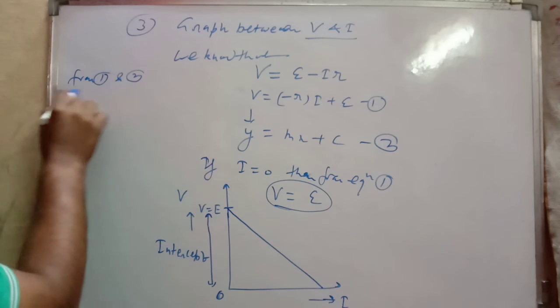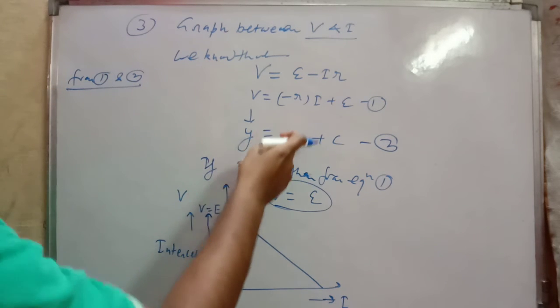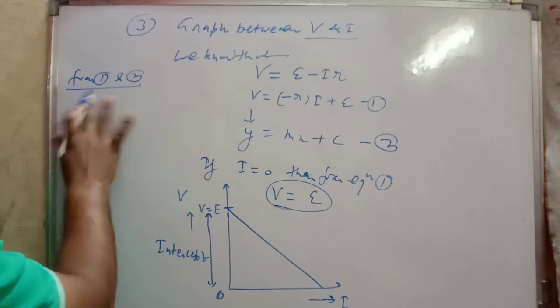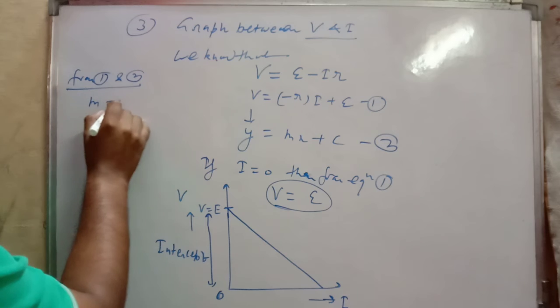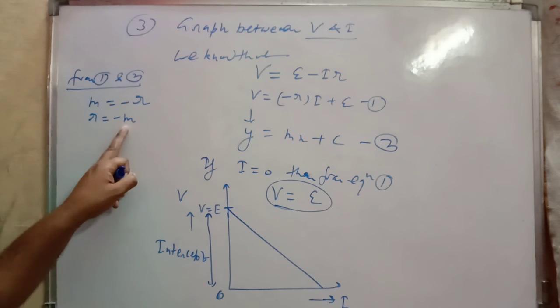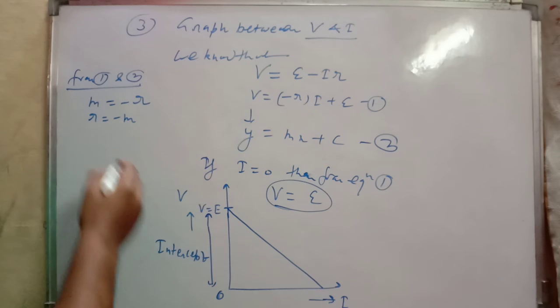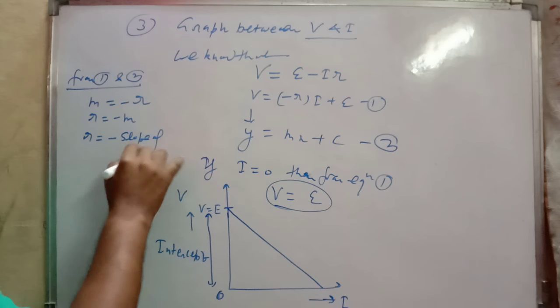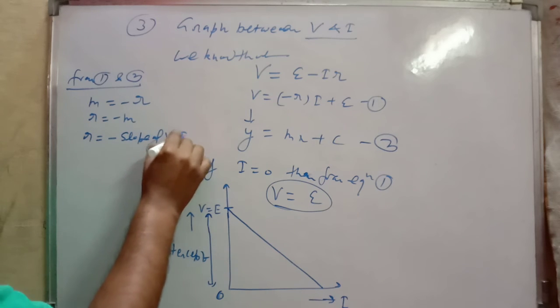So now here this one is the slope. Now here we take this as m is equal to minus r, or r is equal to minus m. What is the m? m is the slope. So now here r is equal to minus the slope of the VI curve.